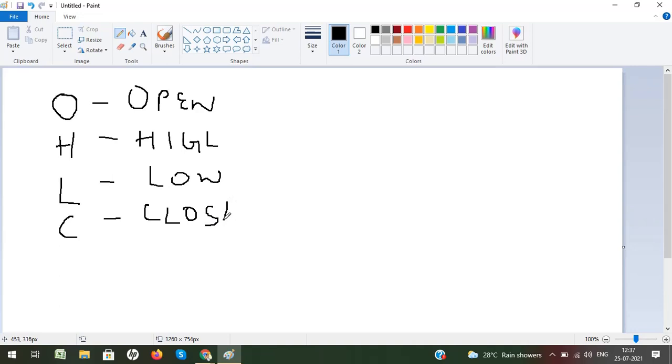These are the 4 price points I need to construct a Japanese candlestick. Without these 4 price points, I cannot construct one. Now where do I get these 4 price points?